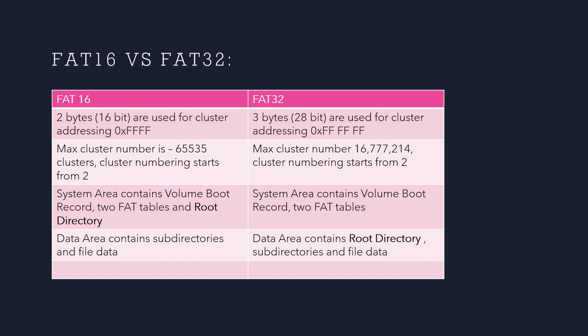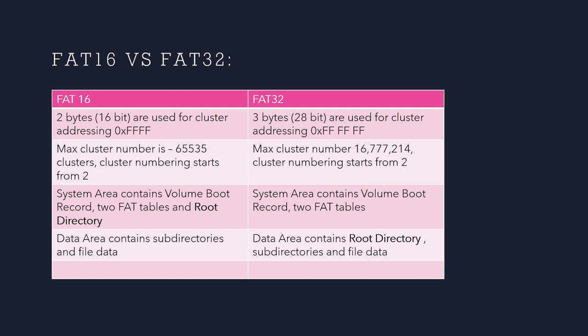The system area is not expandable and contains a volume boot record and 2 FAT tables, but the root directory is shifted to the data area, which actually makes this root directory extensible, which means that you actually can create as many files as you need in this directory until, of course, you have enough space on your drive.